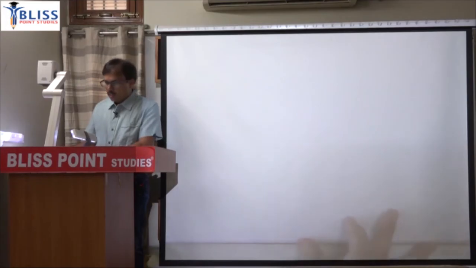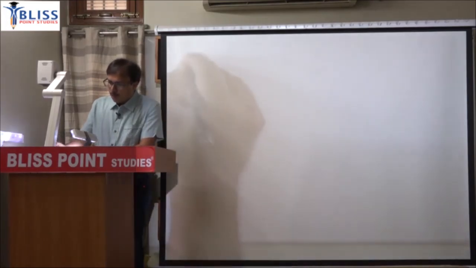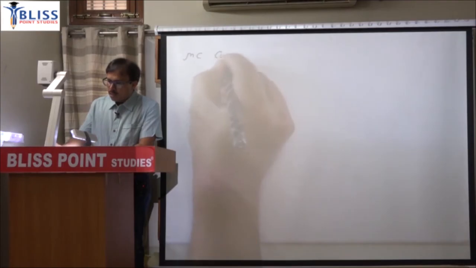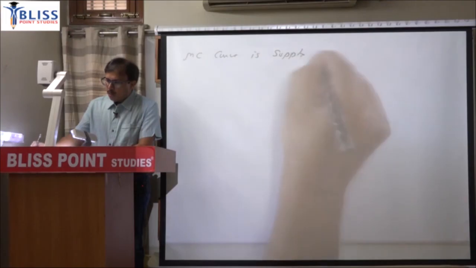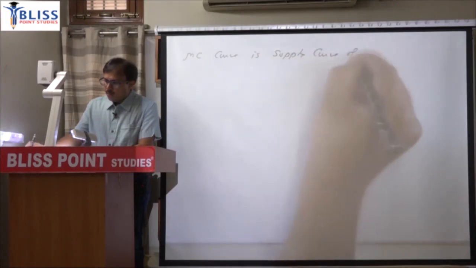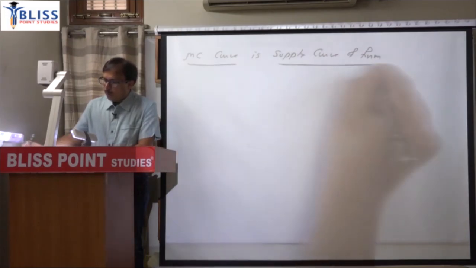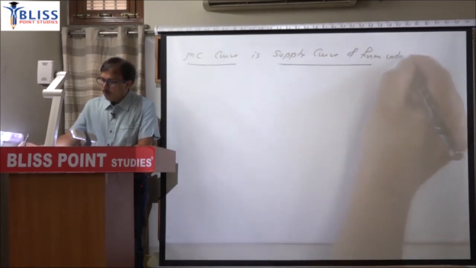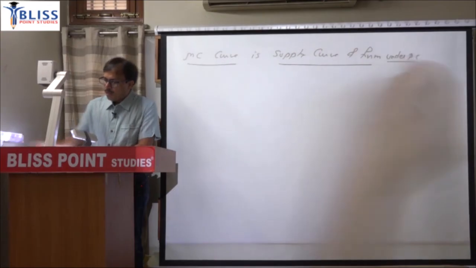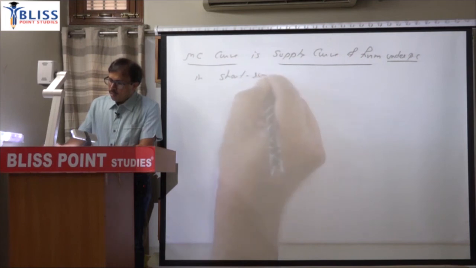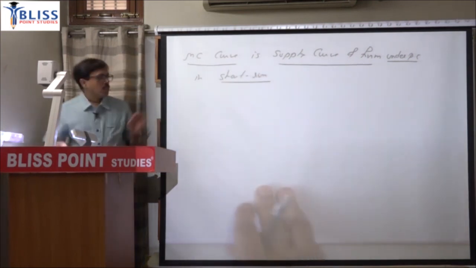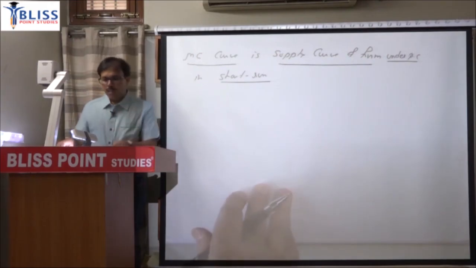And the topic or concept involved was marginal cost curve is a supply curve of firm under perfect competition in short run. So this is the concept involved, and based upon that concept you can answer first question.